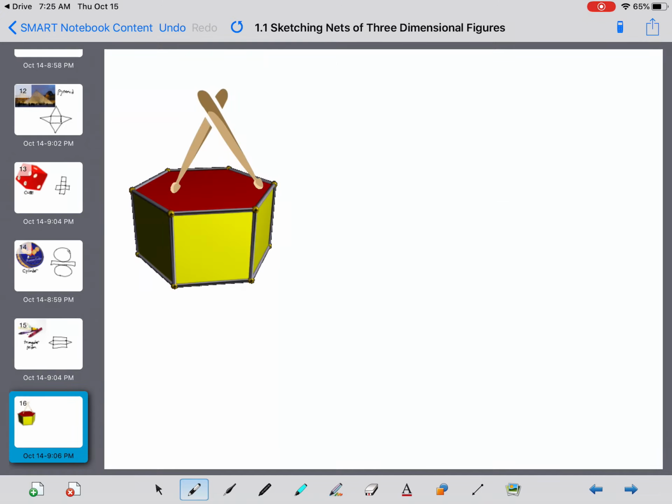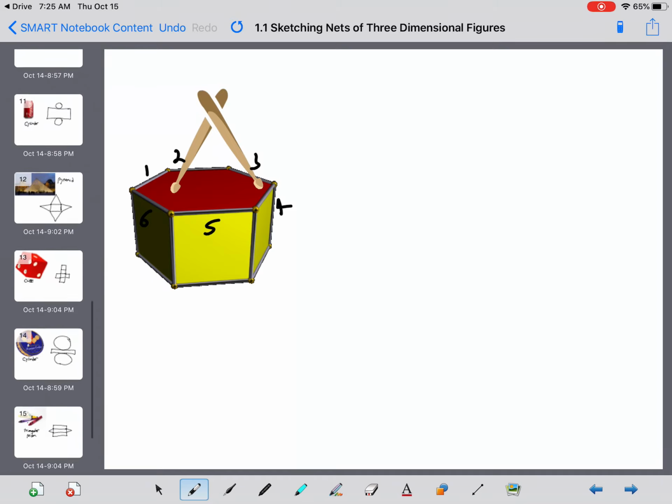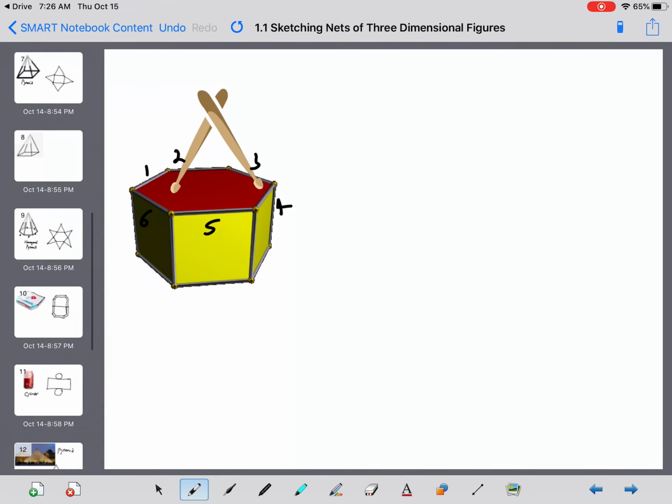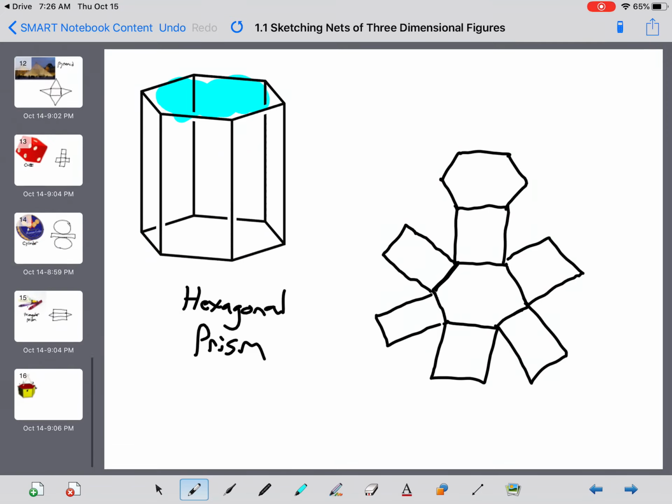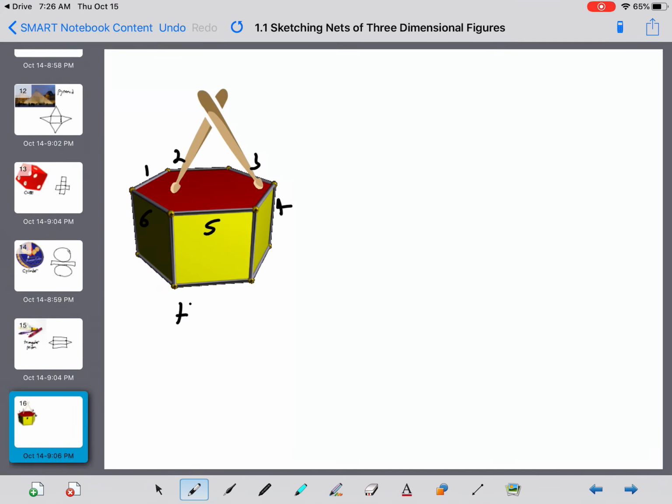Last but not least, you have this drum here, and it's got 1, 2, 3, 4, 5, 6. Six-sided drum. So what did we call that six-sided figure with depth to it? A hexagonal prism. So here's your hexagonal prism. Start out with a hexagon.